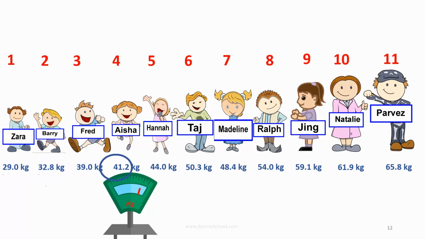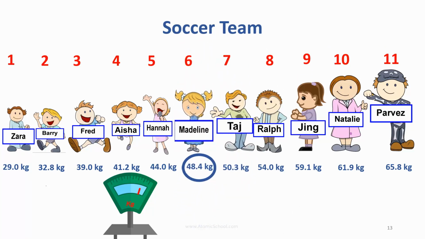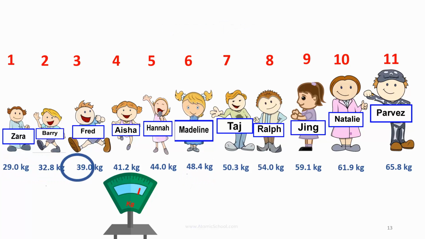Can you see any other changes that need to be made? Madeline is also lighter than Taj, so she has to come in front of him. Now all the weights are going from lightest to heaviest.